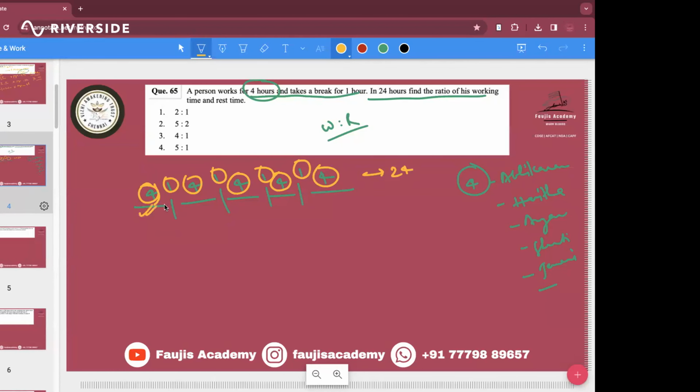Then what is the ratio of work to rest? Work is the 4 hours of stretch that he is working. These are his works, no? 4 hours of work he is doing and then he is taking 1 hour of break, right, Christy? Yes, sir. You cannot miss this question in examination. If you do, it would be a criminal offense. Say I, Gaurav sir, work for 2 hours and then rest for 10 hours.